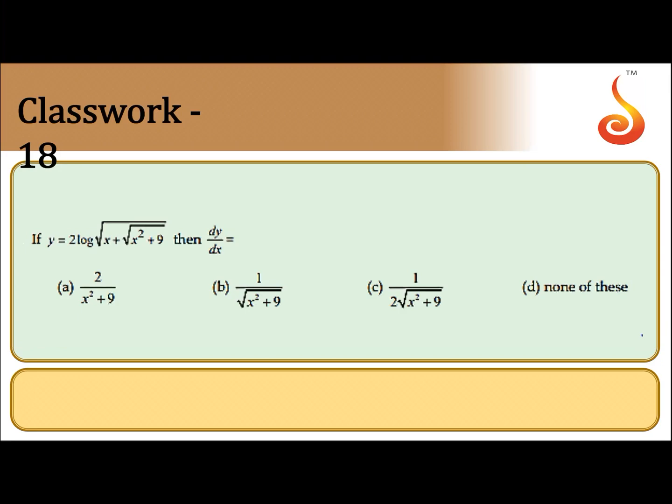Coming to the next one, y equals 2 into under root of x plus root of x square plus 9. Why don't you take out the 2 as a power, you'll get logarithm of x plus root of x square plus 9. So y equals logarithm of x plus root over x square plus 9.